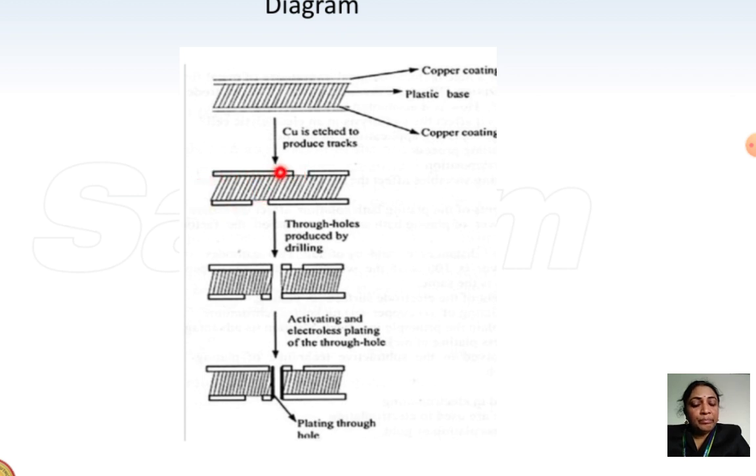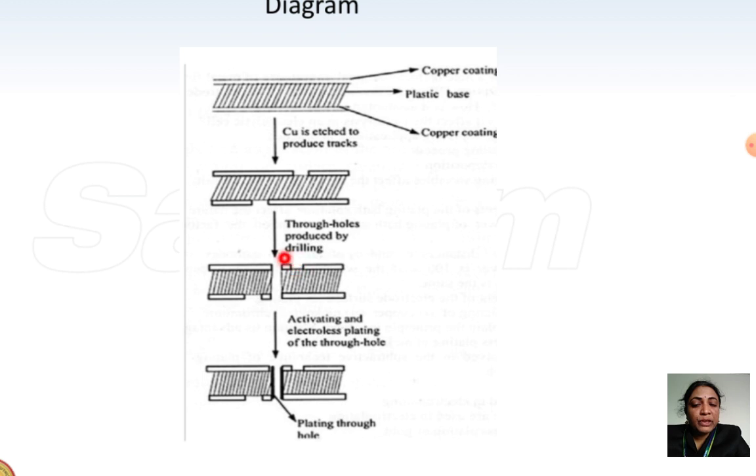By protecting the circuit pattern on the plastic board, where the circuit pattern is not there, we should drill a hole. The through hole is produced by the drilling process. The next step is activation, and then electroless plating of the through hole is made.